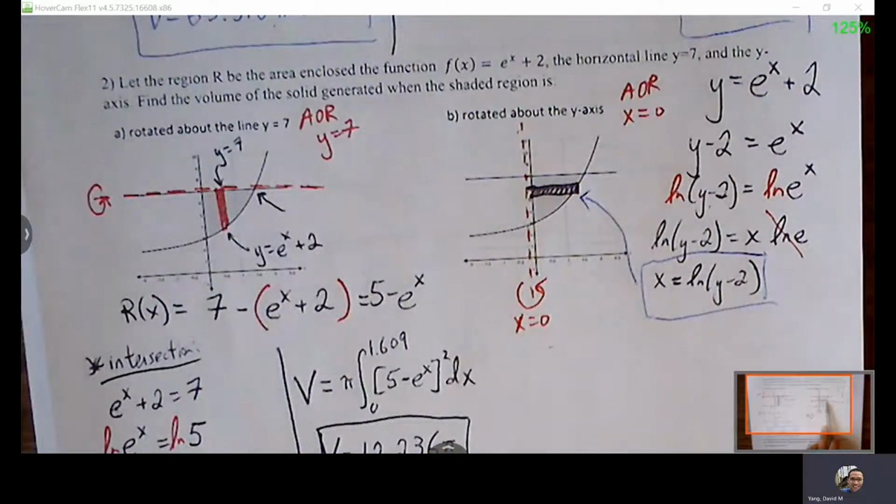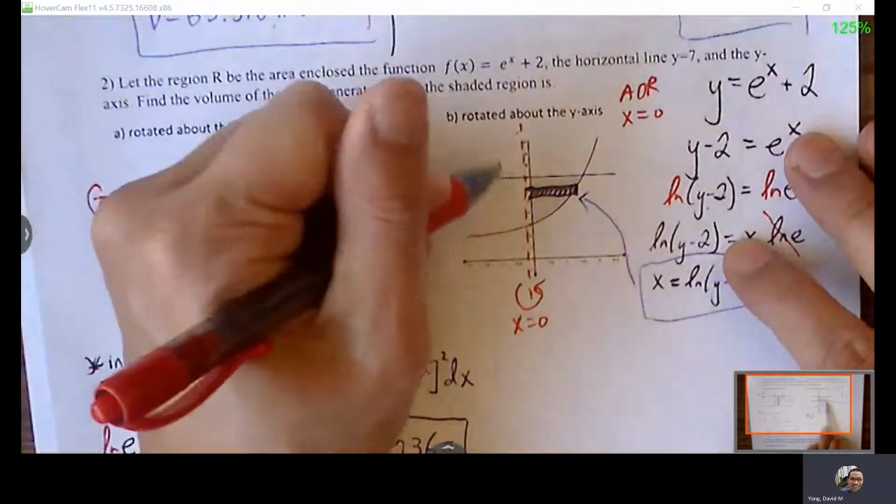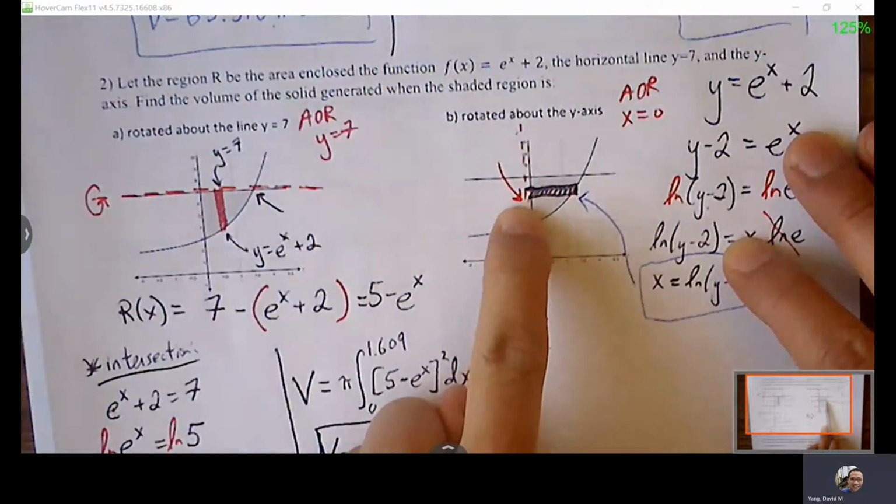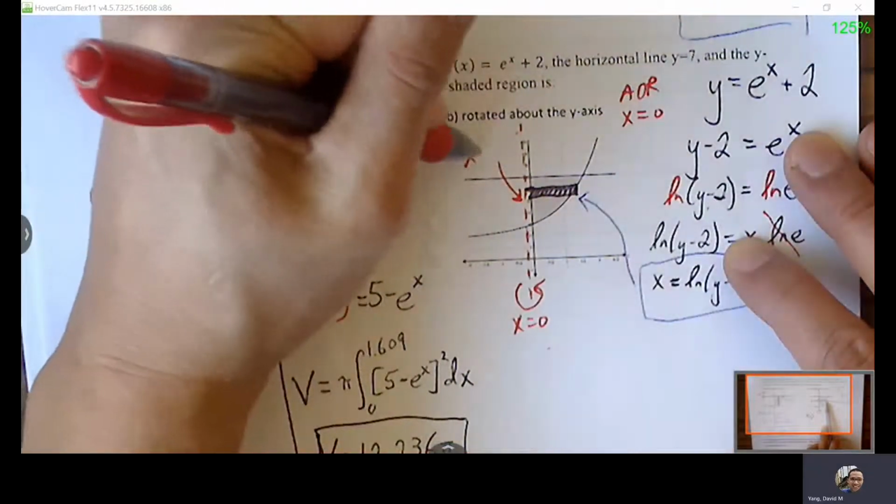Okay, so the curve is now rewritten in the form that is appropriate. Natural log of y minus 2. The left endpoint of my radius is touching x equals 0.